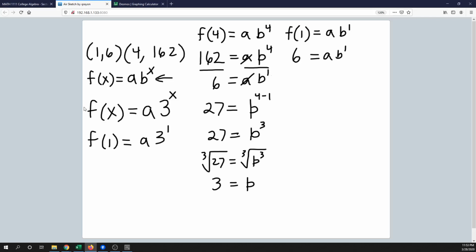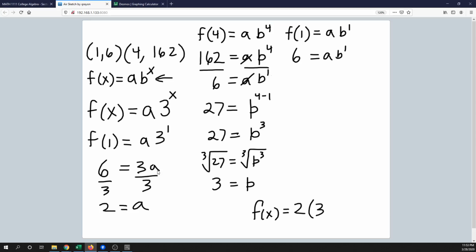I know that f of 1 is the y value here, so it's 6. So I get 6 equals 3a. Divide by 3, I get a equals 2. So the final answer on this one is f of x equals 2 times 3 to the x power.